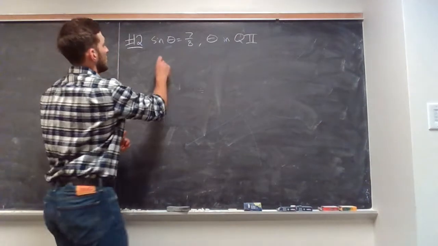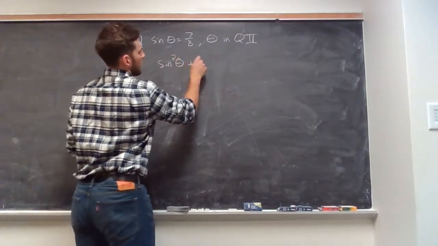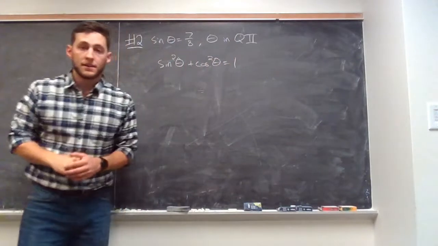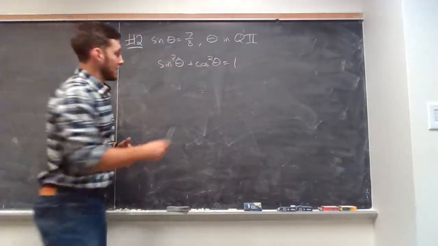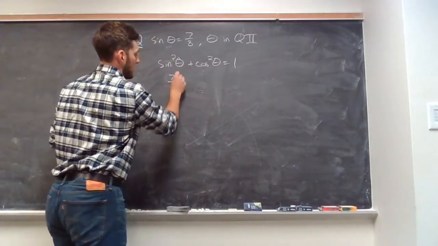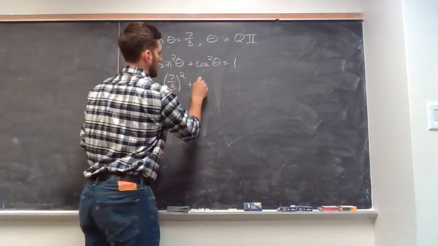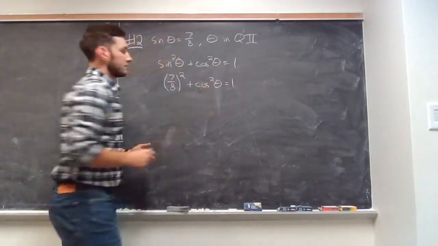So remember that we always have sine squared of theta plus cosine squared of theta equals 1. That's going to be the thing that we utilize. We have what sine of theta is. So this statement translates to 7/8 squared plus cosine squared theta equals 1.